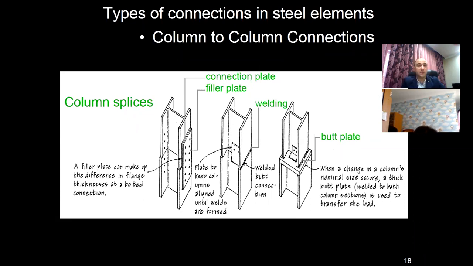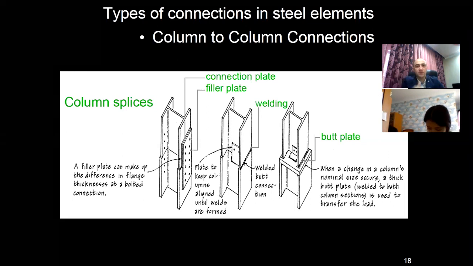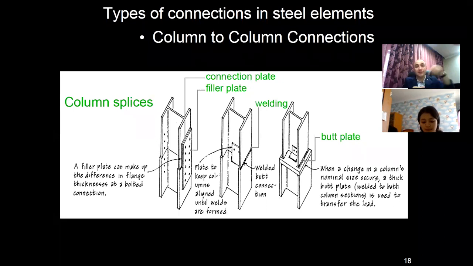One of the most important steps for connecting two columns is the central line. The central line should be located in one place for both columns. Only then will it assure that the load from the top column is transferred properly to the bottom column and down to the footing or foundations.